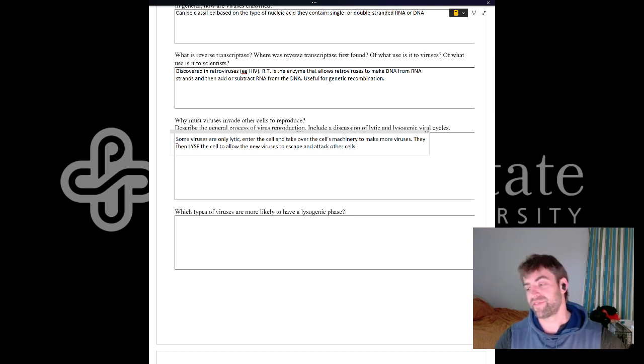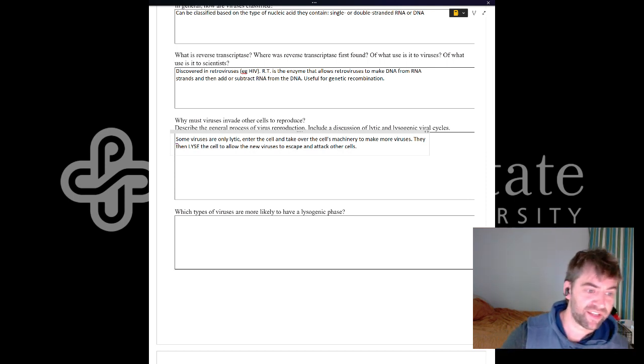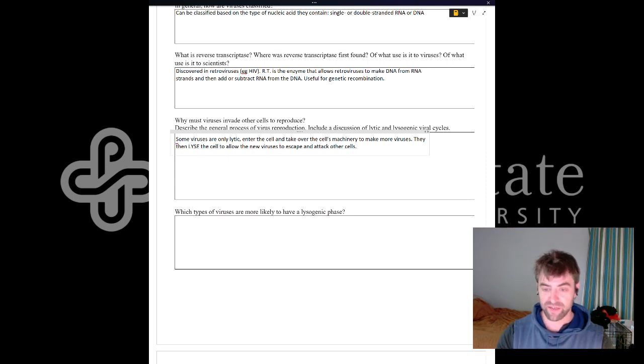Some viruses also have a lysogenic stage. Viruses that have a lysogenic stage will alternate between lysogenic and lytic cycles.